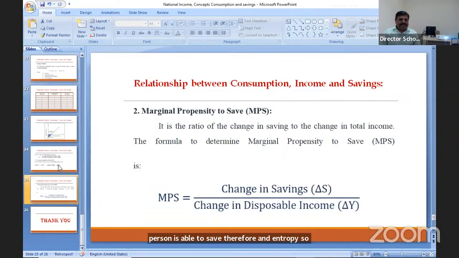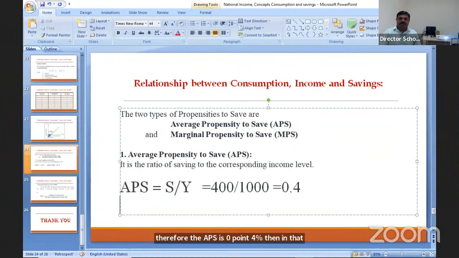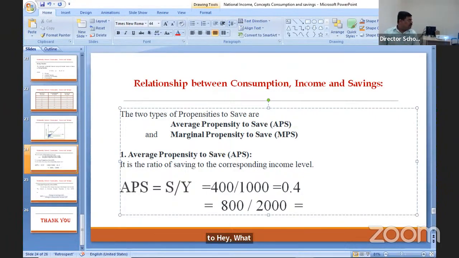Then in that case, if the income of that person changed from 1000 rupees to 2000 rupees, and therefore the person is able to save up to 800 rupees, then what will be the value of APS? 0.4.